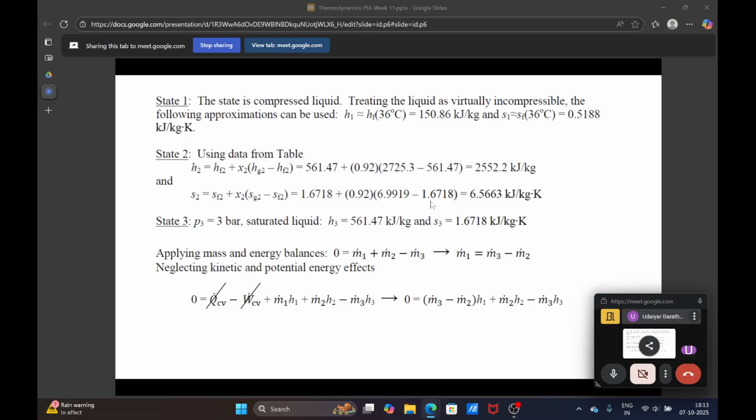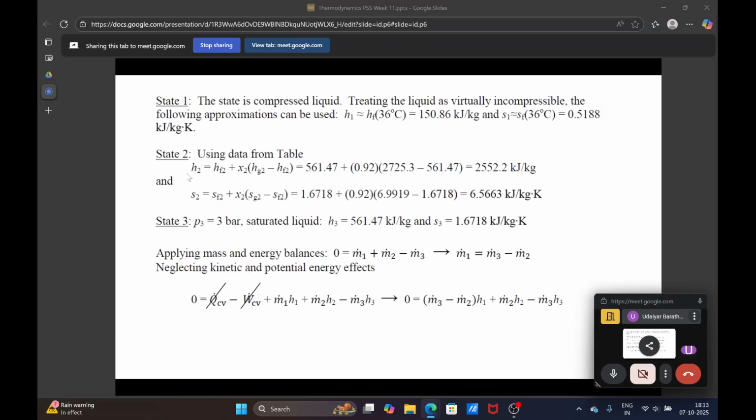So we can assume h1 to be equal to the saturated liquid at 36 degrees Celsius.